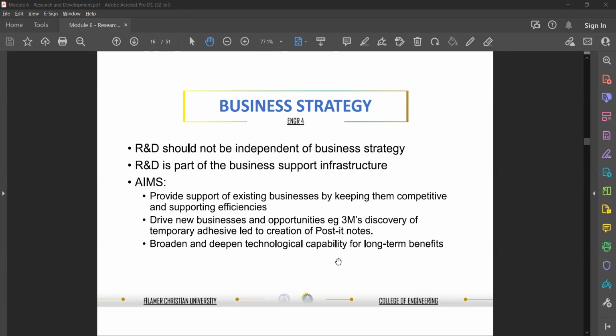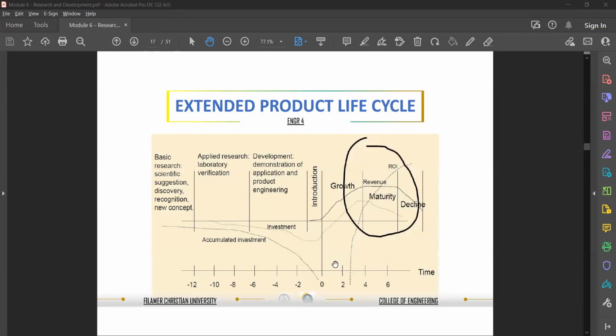Now they are already studying 6G, or the 6th generation. We're probably not even halfway through 5G, or I'm not sure. If you already have a 5G-compatible cellphone, di ba? So we also have the extended product life cycle. So that is in terms of time.